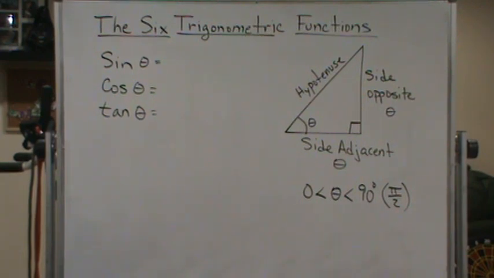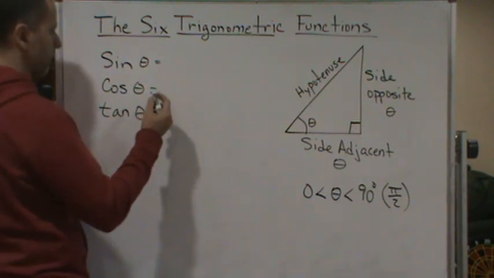So if we let theta be an acute angle of a right triangle, here is how we define the 6 trigonometric functions. We'll start with the first 3.